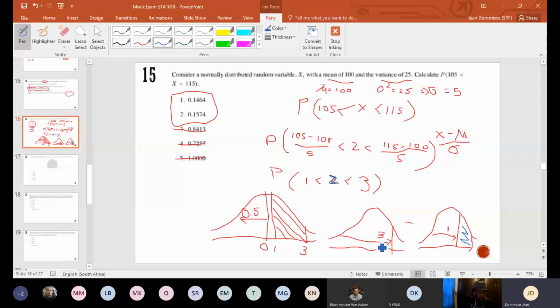Okay, so from the tables, the probability of Z equal to 3 is 0.9987 minus the probability of Z equal to 1, which is 0.8413.